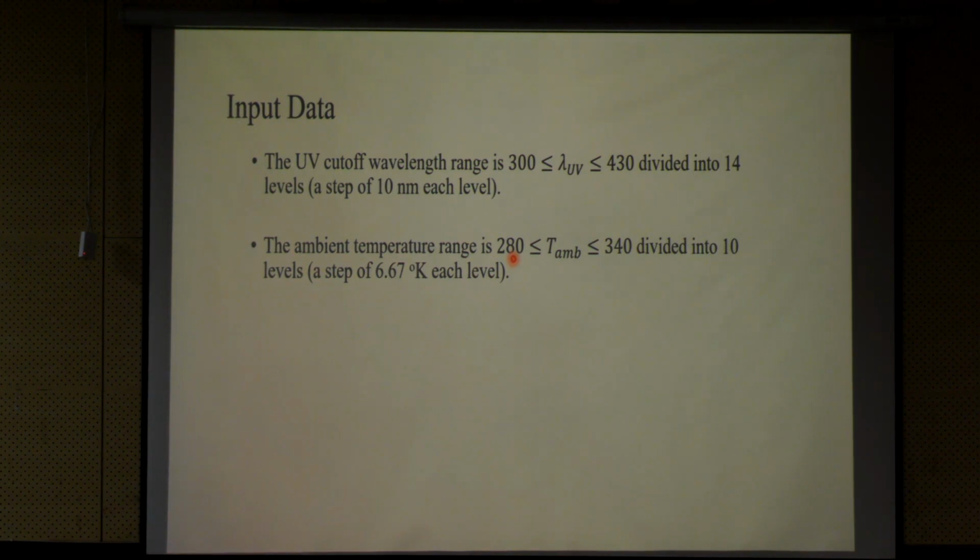The input data given for this: the UV radiation falling on the module ranges from this to this, and the ambient temperature ranges from 280 to 340 because we are designing for a particular area. If the module is in the southern part of the country, the temperature will be different. If it is in the northern part, the ambient temperature range will be different.